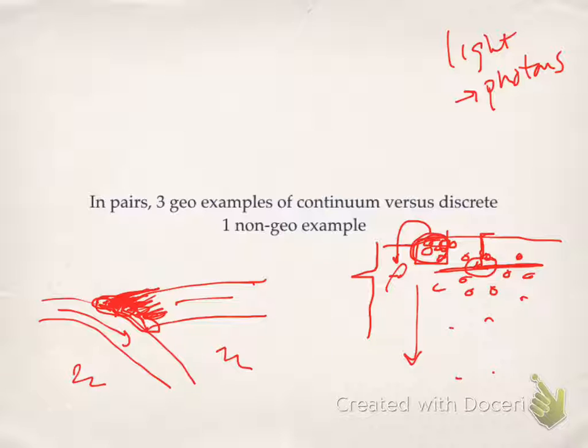What else? Magma chamber. So what are the different scales? If you look at it from a deformation type view, it looks like a big ball under the ground that may change.